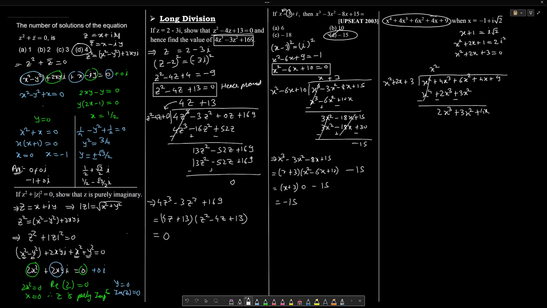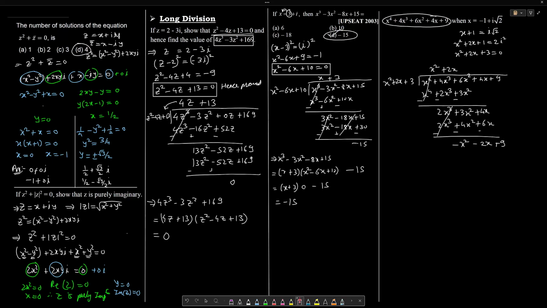So what do we have to multiply? 2x. We'll get 2x cube plus 4x square plus 6x. Change the sign. 2x cube will be cancelled out. 3x square minus 4x square, minus x square.